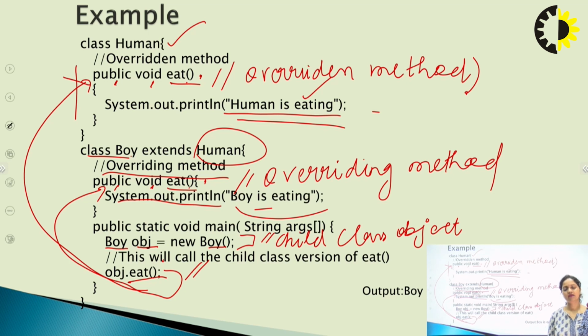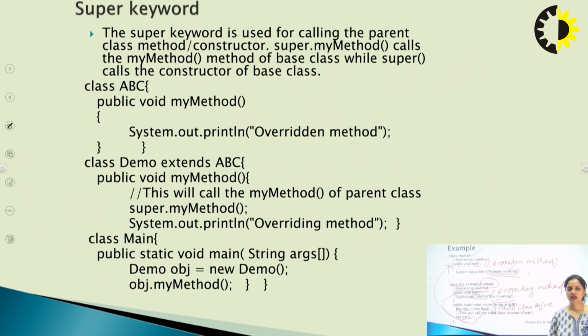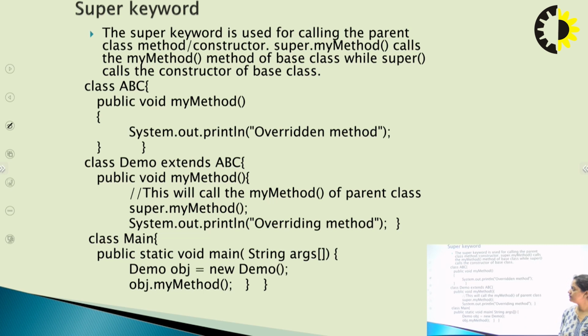Now how can we prevent this method overriding? There are ways to prevent method overriding by using the super keyword or the final keyword. So let us see how we can prevent method overriding in Java, that is, by using our super keyword. So what is the super keyword? The super keyword is used for calling the parent class method or constructor.